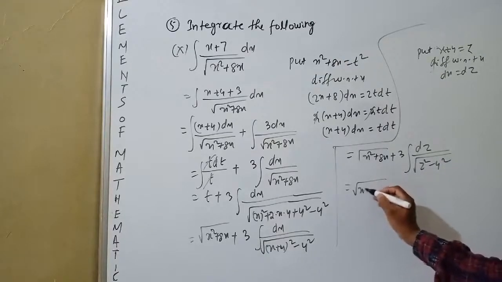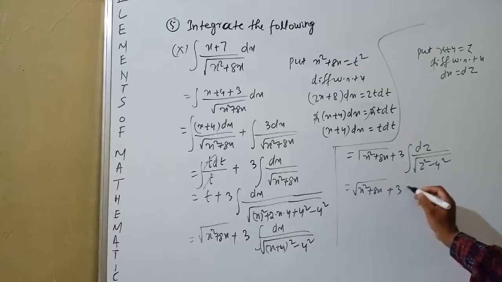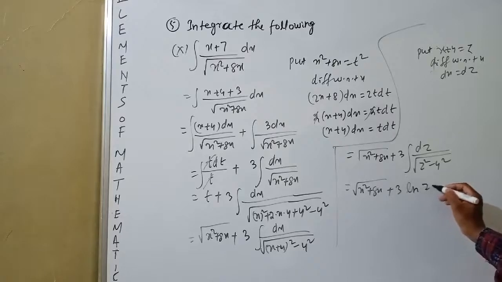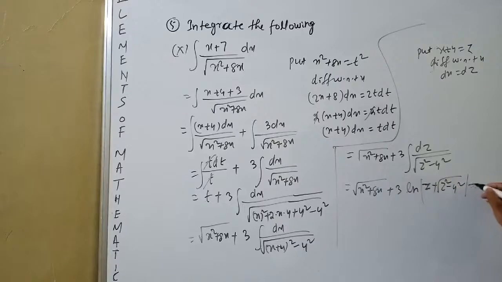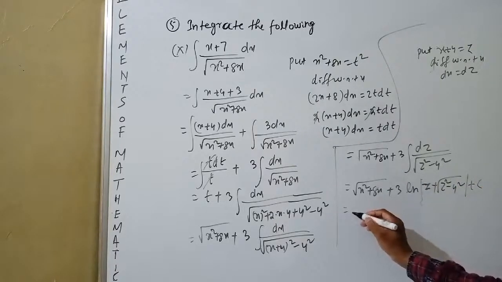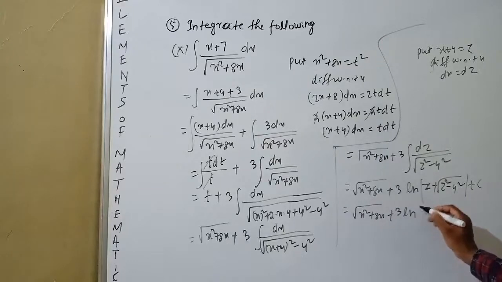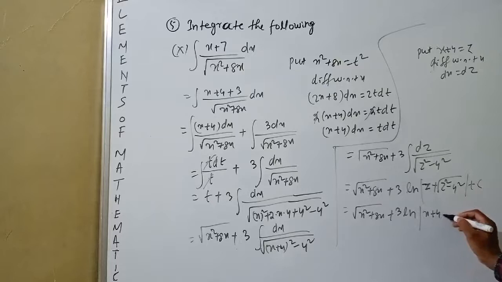So it is root over x square plus 8x plus 3 times ln |z + root over z square minus 4 square| plus c. Okay, ln z is x plus 4, plus root over x square plus 8x, right? Directly you write root over x square plus 8x, plus c. Pause the video, note it down.